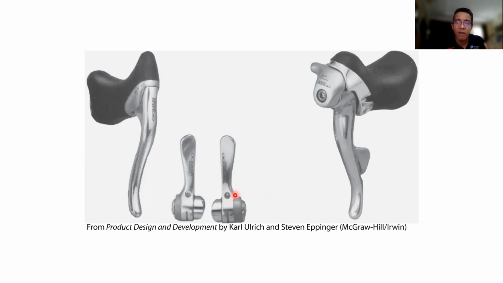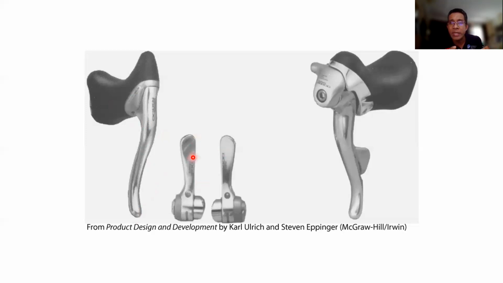I will explain. By considering these two different designs for the bicycle brake and shifting gear control here, you can see that in the traditional way, the previous design, we have a separation between shift control and brake. They have separate designs, separate chunks, separate elements.